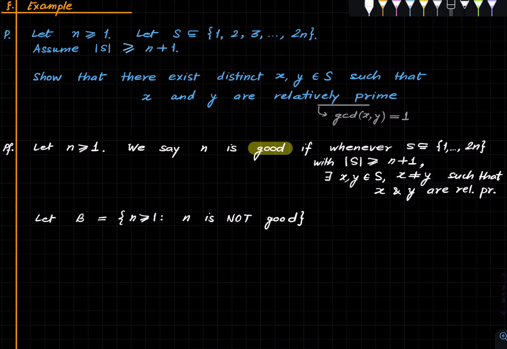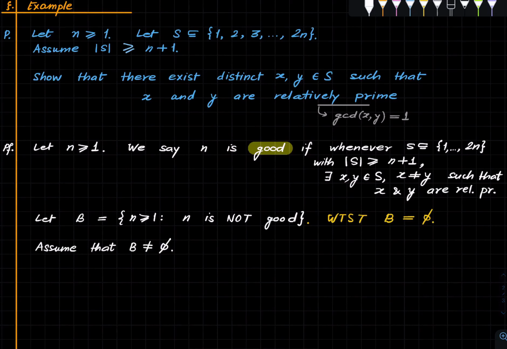So the goal of the problem, just a restatement, is to show that B is the empty set. Right? That is the goal. And how do we proceed? So we will proceed by contradiction. So assume on the contrary that B is not empty. Right? And we want to bring a contradiction.